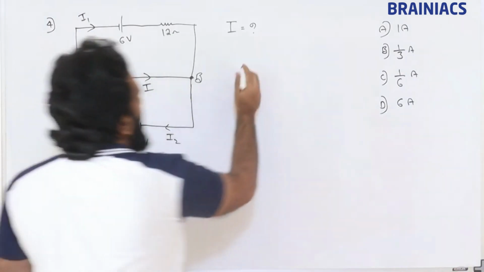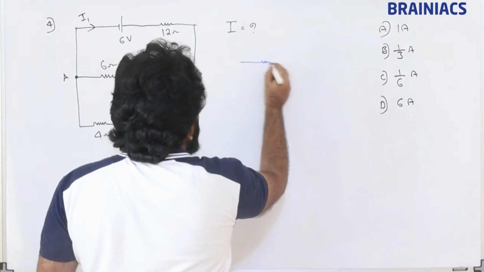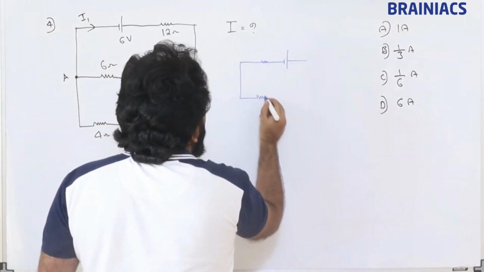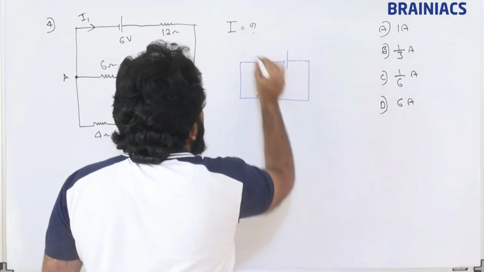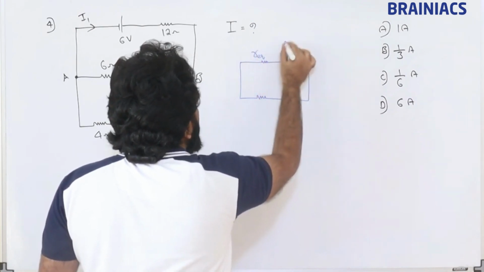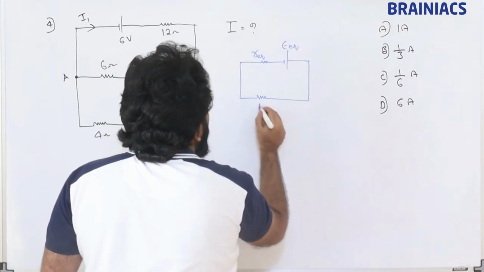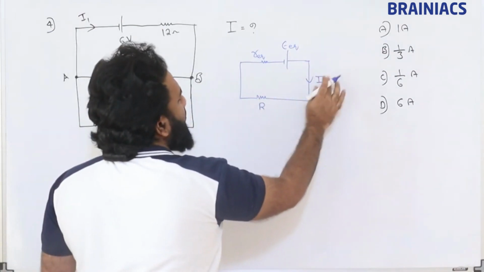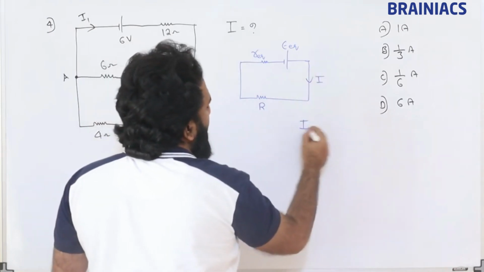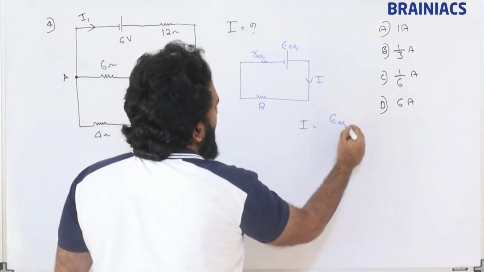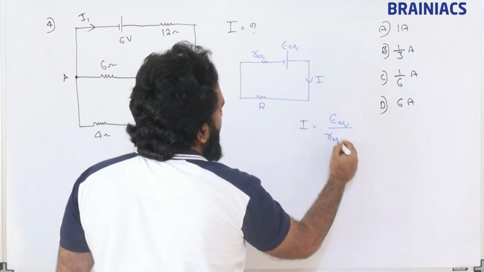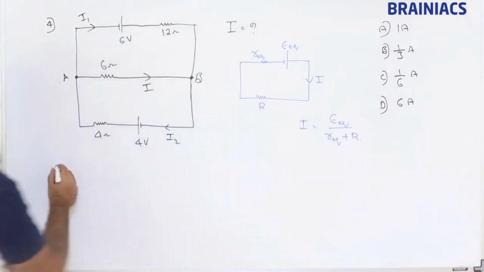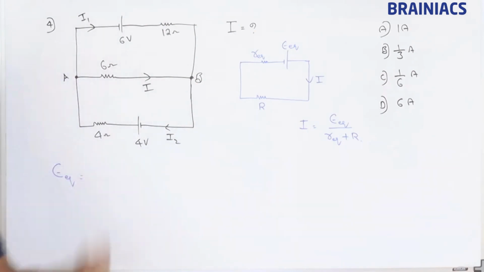So if we are able to find the equivalent resistance and then the equivalent EMF, then with this external resistance, we will be able to find the value of current. I is equal to E equivalent divided by R equivalent plus R. So let's find the equivalent EMF.